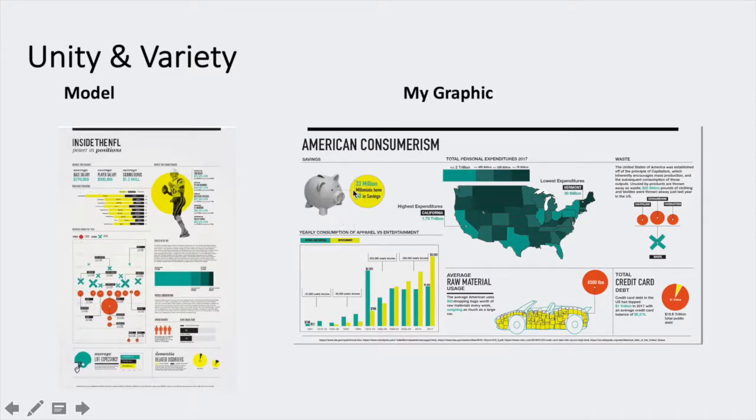The yellow here is highlighting a statistic or fact, but my graphic is slightly different in that the orange isn't just clustered in one space. It's more to the right of the graphic and clustered that way, but the orange is used in several separate elements, whereas orange here is used only in this element and this element down here.